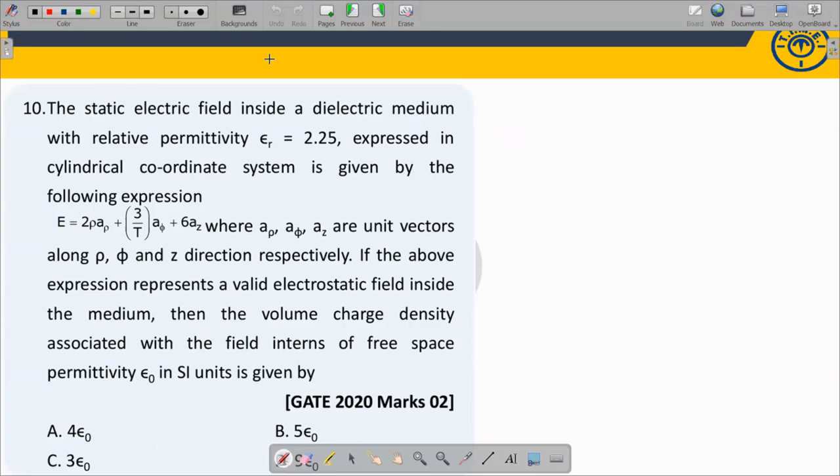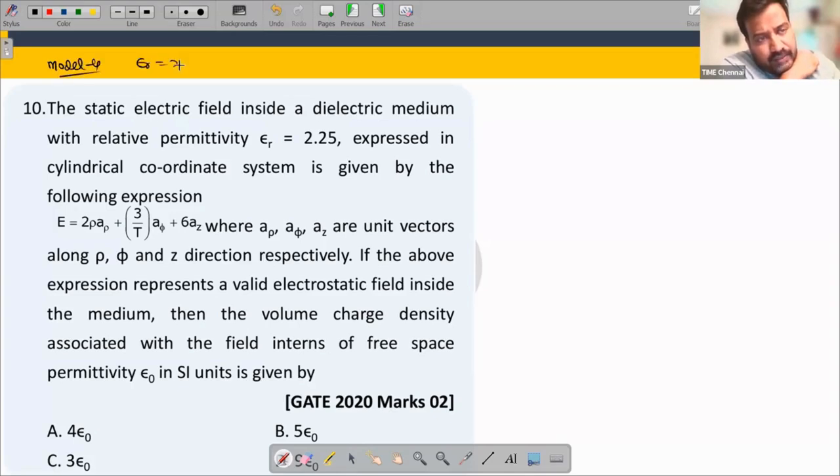What is the answer? Did you people get the answer? Same model, no? The static electric field inside the electric medium. Call it a new model, model 4. Epsilon r given is 2.25.